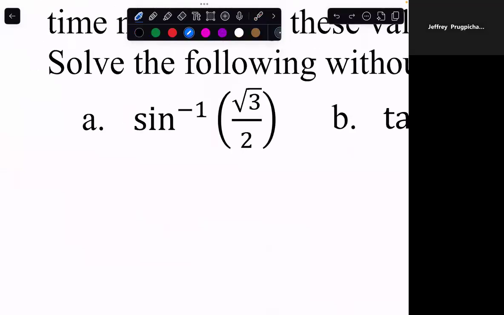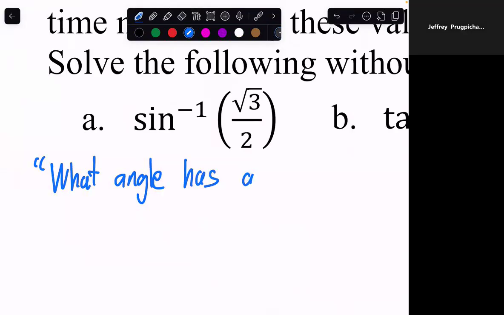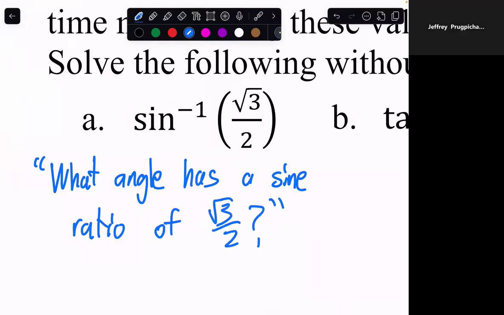So inverse sine of radical 3/2 is asking what angle has a sine ratio of radical 3/2. That's what this notation is asking us to figure out.